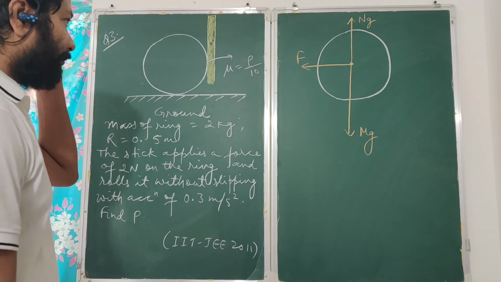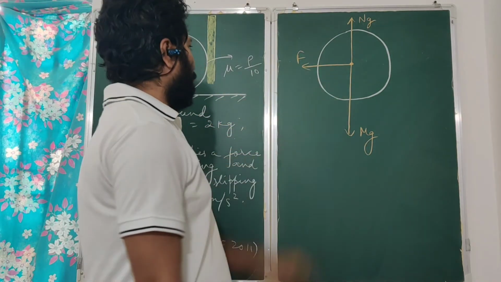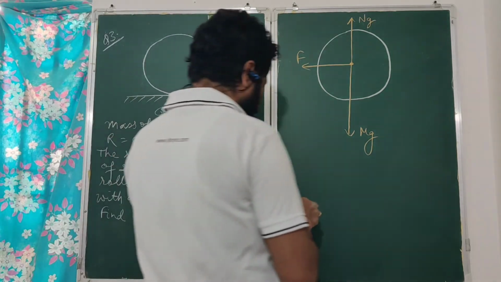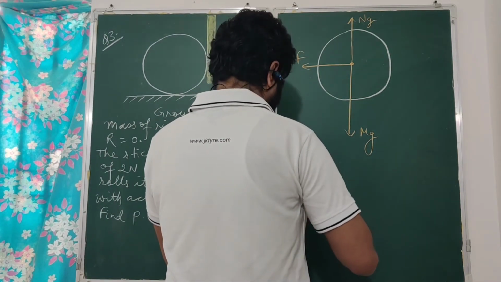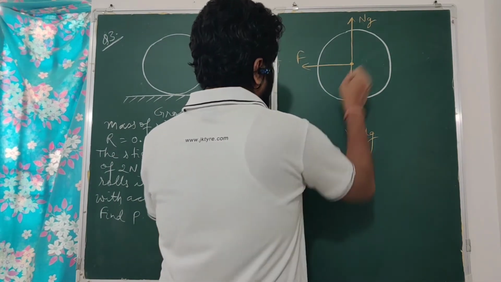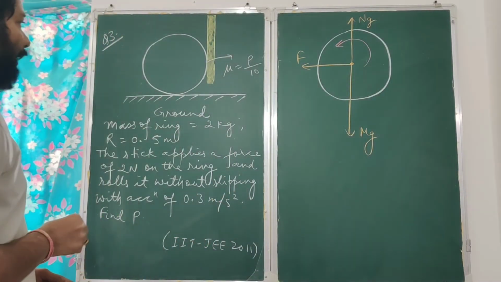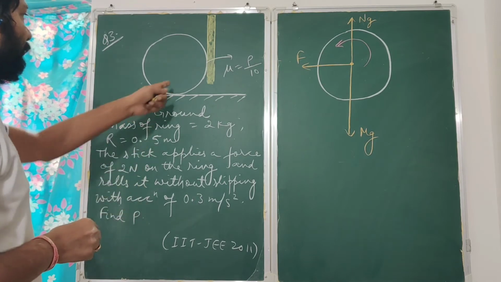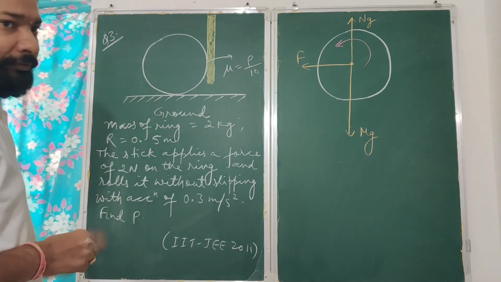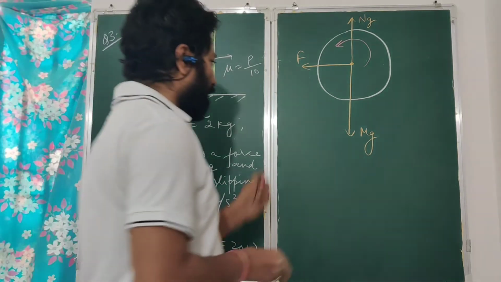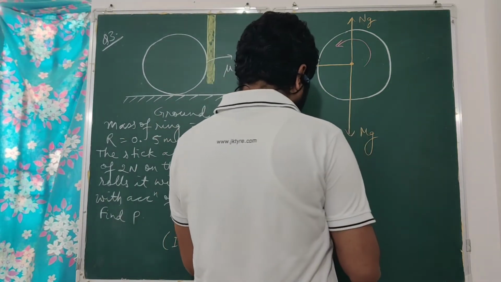Now, what is the tendency of this body? The tendency of this body is to rotate like this, and also to shift or move, translate towards left hand side. So at the ground, what is the direction of frictional force?